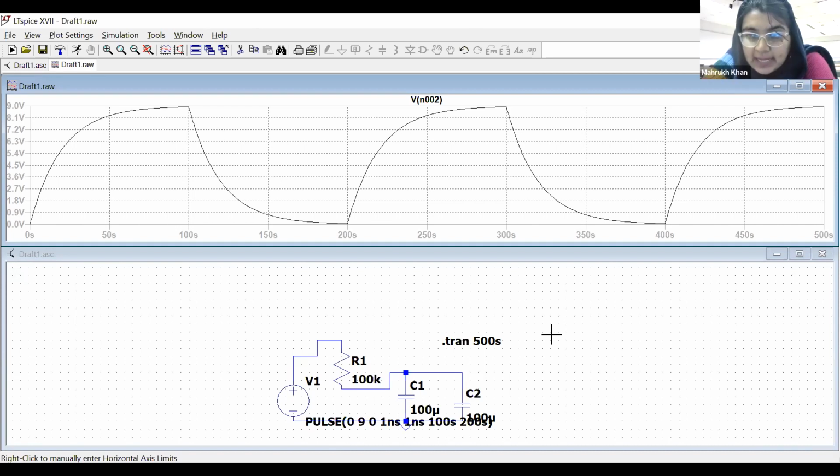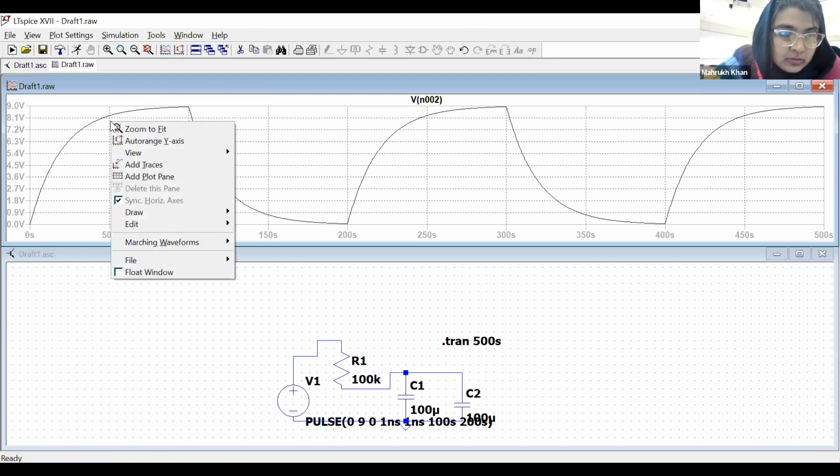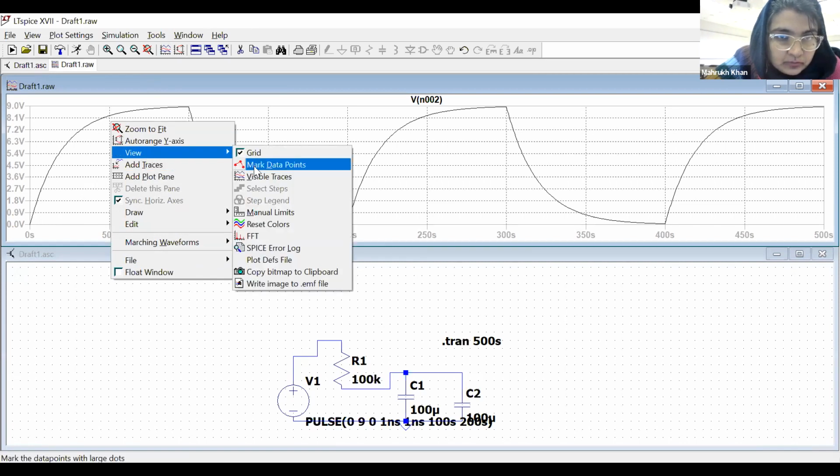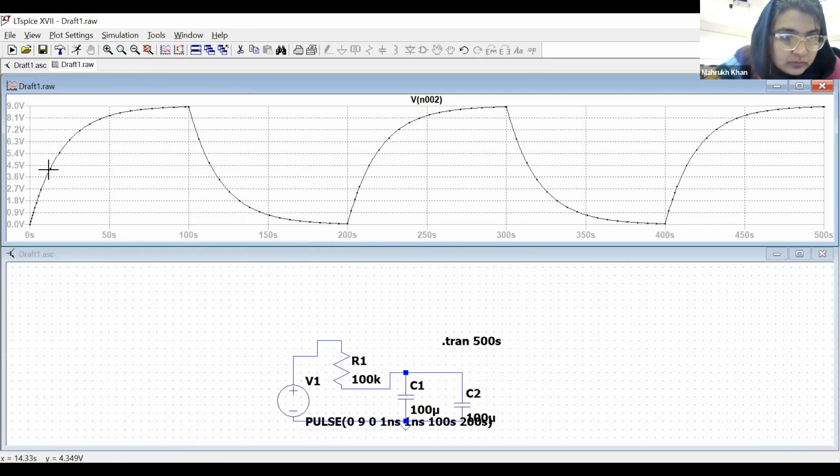Yeah, because 100 seconds is approximately equal to your 5 tau, right? And if you want to see what you are getting at 1 tau, let's see. 20 seconds, right?